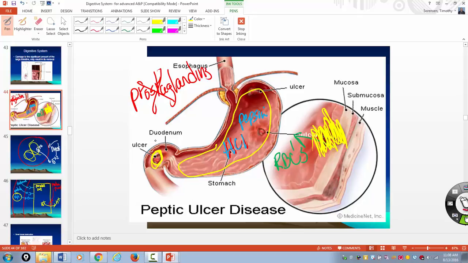So what happens when food that has a very low pH, very acidic, leaves the stomach and goes into the duodenum? If you don't digest that food right away, and your pancreas isn't working so well, and I'll explain that later, that can lead to duodenal ulcers. And again, the treatment is basically the same.